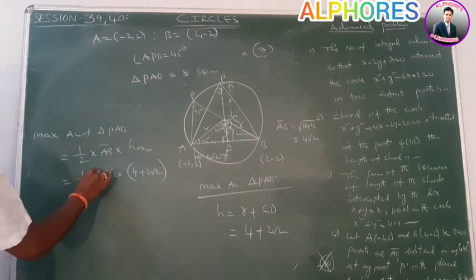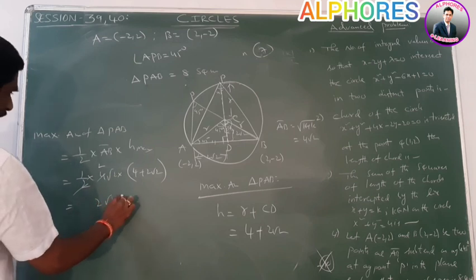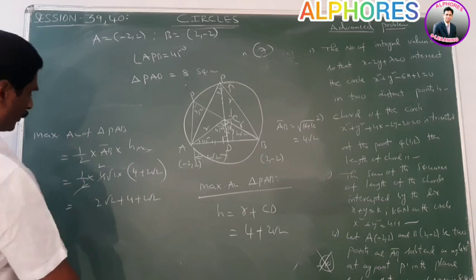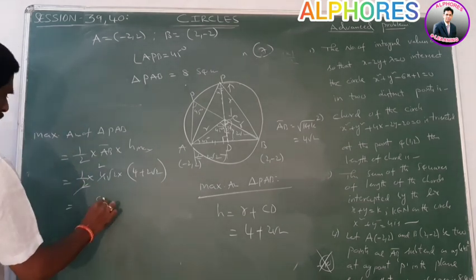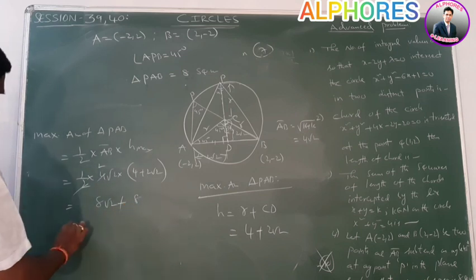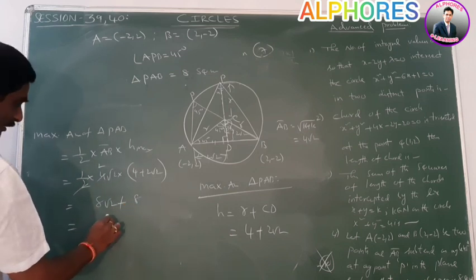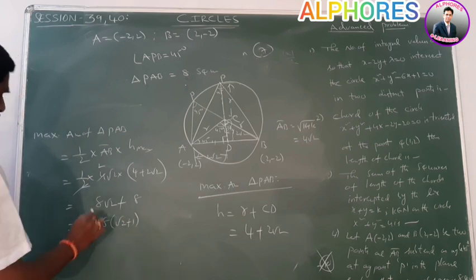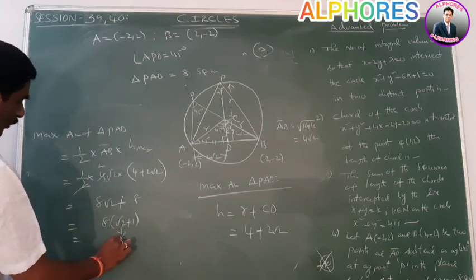That is equal to, here the 2 cancels, 2 root 2 into 4 plus 2 root 2. Okay, 2 root 2 into 4 means 8 root 2, plus 4 into 2, 8. That is equal to 8 plus 8 root 2, which is 8 times root 2 plus 1. Root 2 is approximately 1.414.